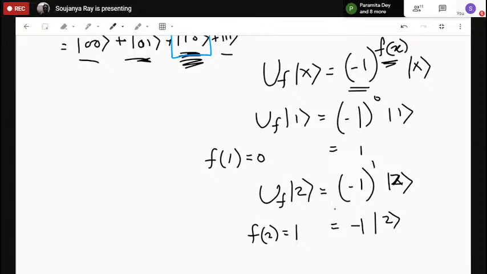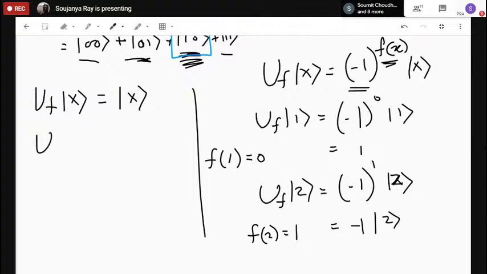So to generalize it, I'll generalize it here. So this oracle does what it does: F of X is equal to X, and U of F of W is minus. So this is the result of this oracle.